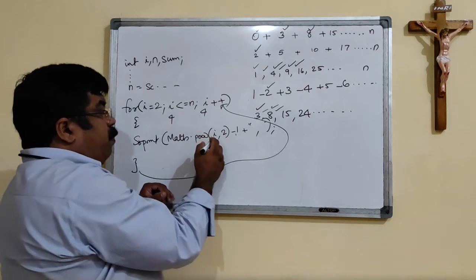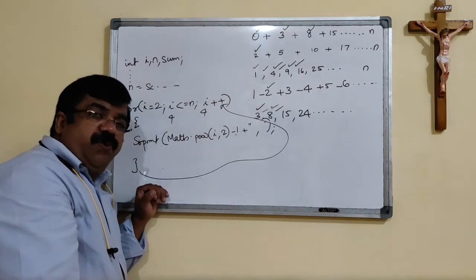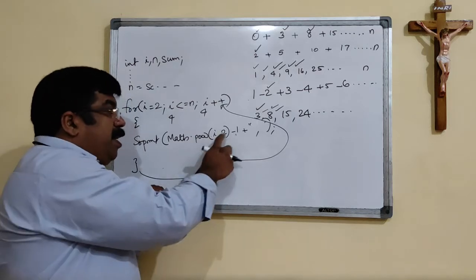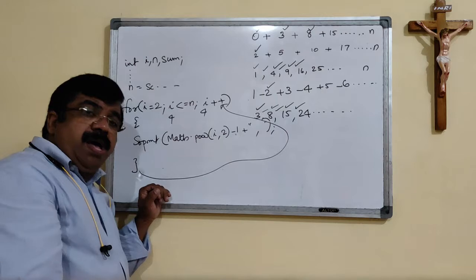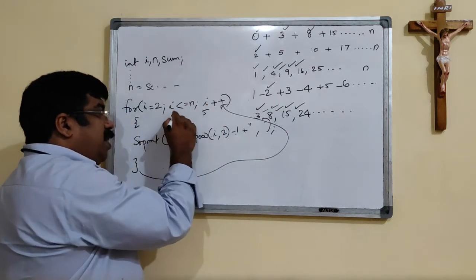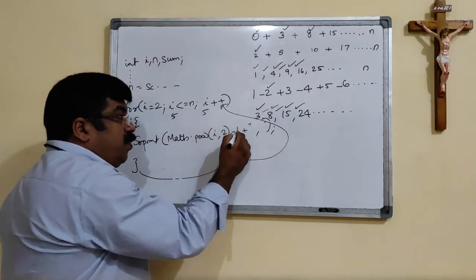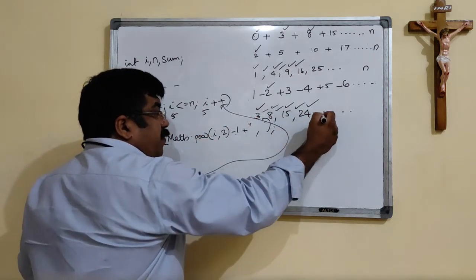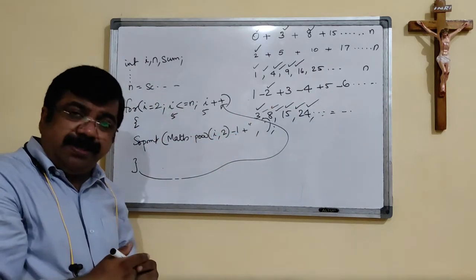SO print Math pow of I comma 2, 4 into 4, 16 minus 1 is 15 with the comma. Then I became 5, condition true, 5 square is 25, minus 1 is 24, etc. with a comma. It goes on printing the series.